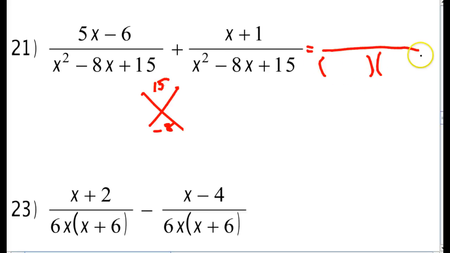GCF is usually our go-to, but if you see this quadratic, like the a, b, c you throw into the quadratic formula, that's your cue to try to factor it. So what are the numbers, by the way? Negative 5 and negative 3. Because if we have the wrong signs, then maybe things would cancel that shouldn't cancel, or vice versa. So yeah, signs are very important right there.